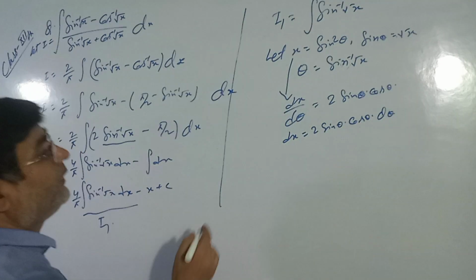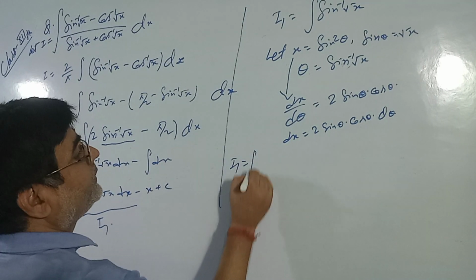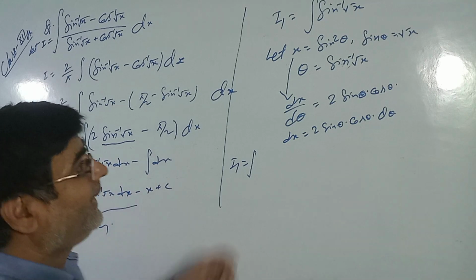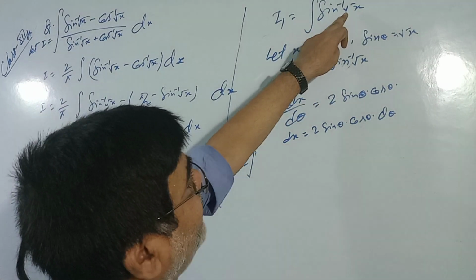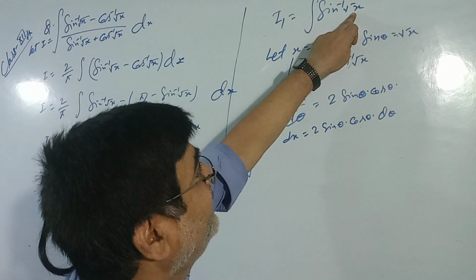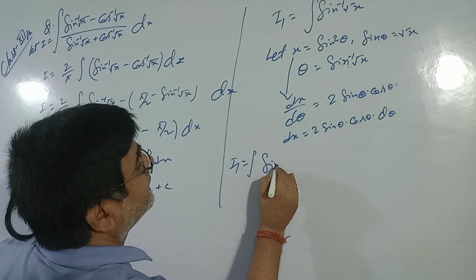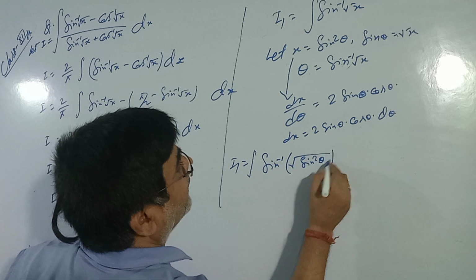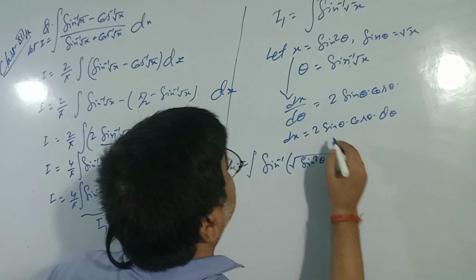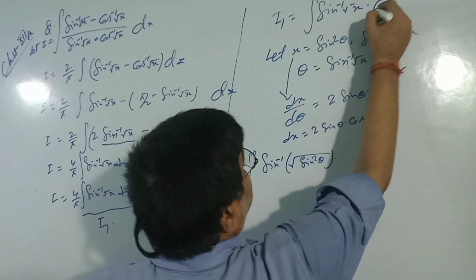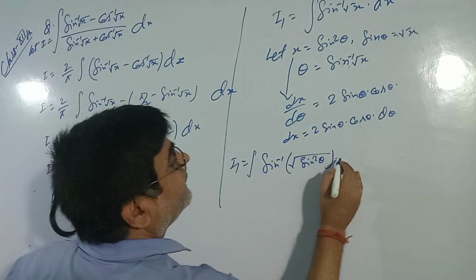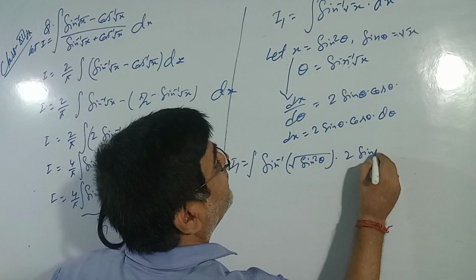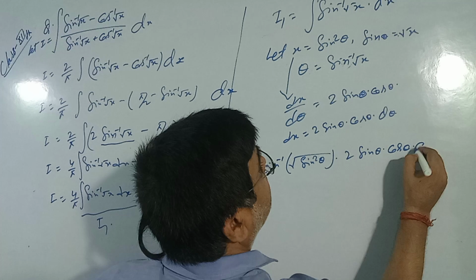Putting the value in I1, it equals integral of sin inverse of under root sin square theta into dx. Dx is written as 2 sin theta and cos theta d theta.